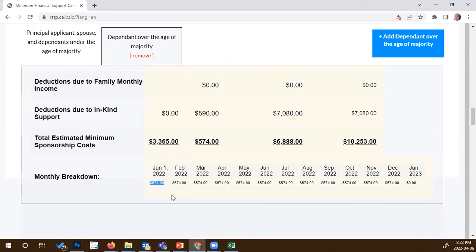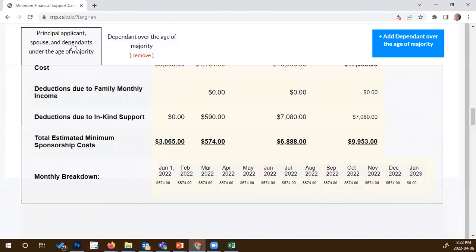And they themselves have to receive the startup cost amounts in their own bank account, separate and apart from the principal applicant who is their parent. Their parent will receive this amount, and this amount will be in a separate bank account from the dependent who is over 18 as well. And so there you go. That is the minimum financial support calculation tool.